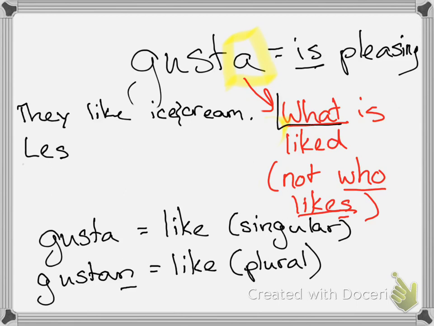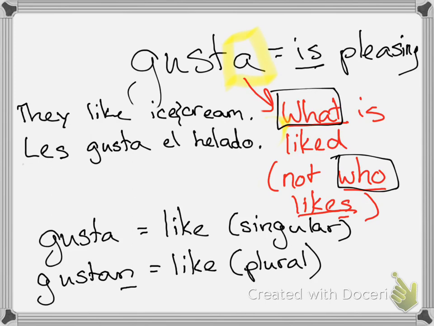Because what matters is what is liked, okay? Not who, but what. So ice cream is singular. So I'm going to go with gusta. Les gusta el helado. They like ice cream. It's singular, okay? So once again, think about what is liked, not who does the liking. And that is how we can talk about likes and dislikes.